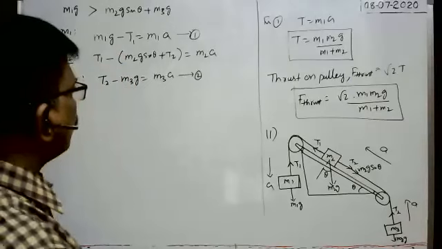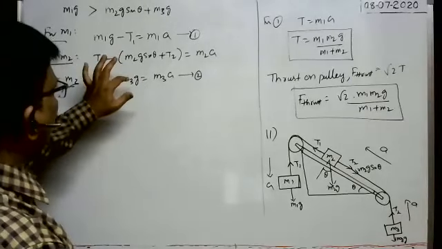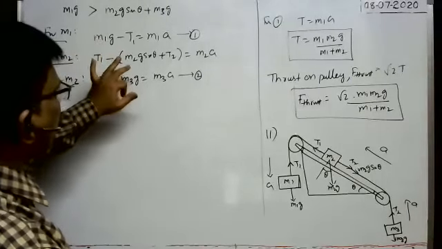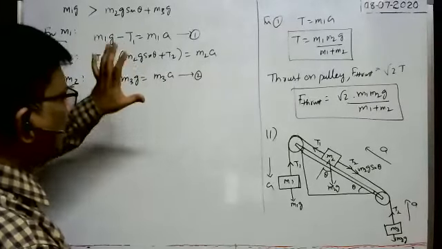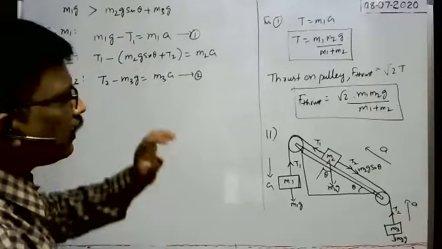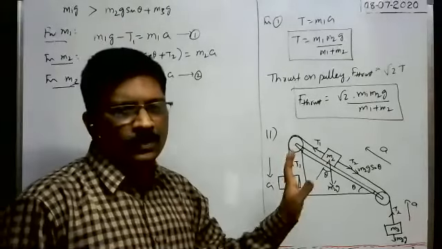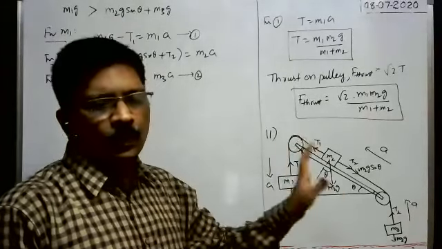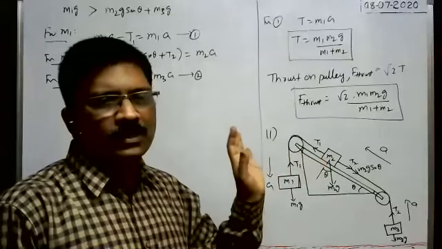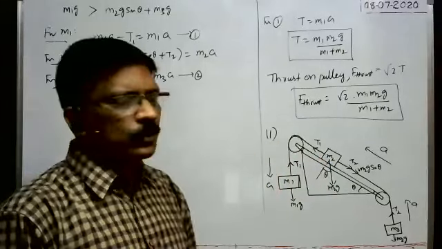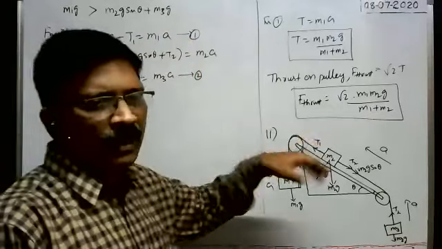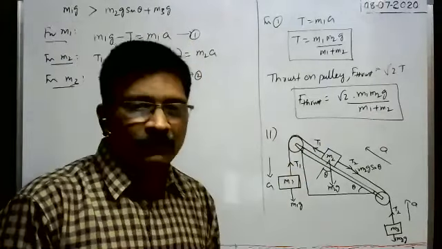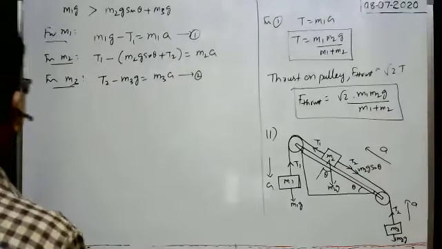Suppose M1 and M2 are given and tension is given, then they may ask for M3. Based on the three equations, you will have three unknowns, and we can solve all of them. So this is the way to write the equations. Writing equations is important, not getting the answer.